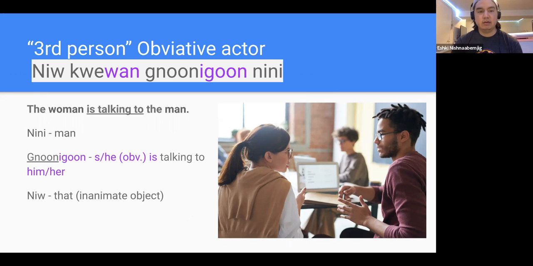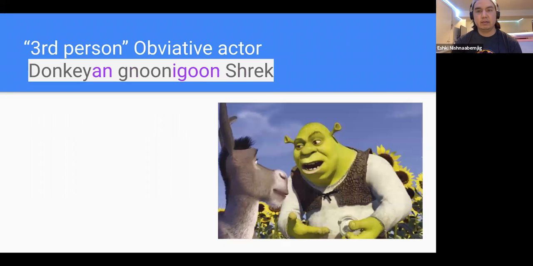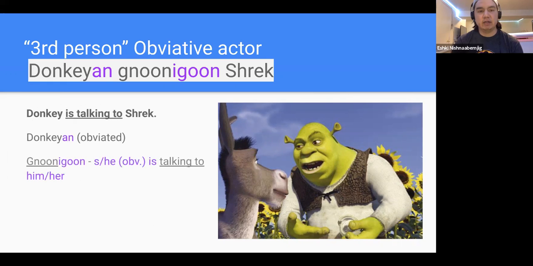Niyo, kwe one. So third person. So donkey on ganunagun shrek. So we're keeping donkey obviated. We're keeping him as a background character in the sentence. Ganunagun shrek.